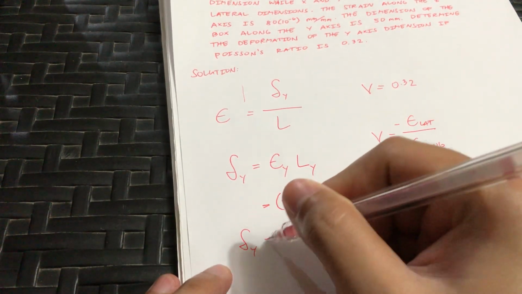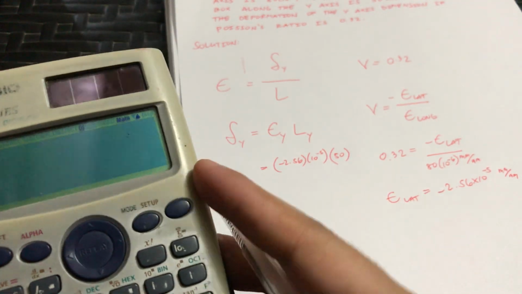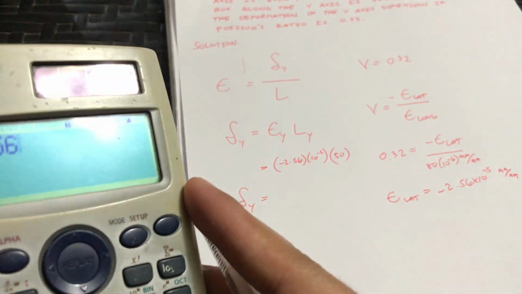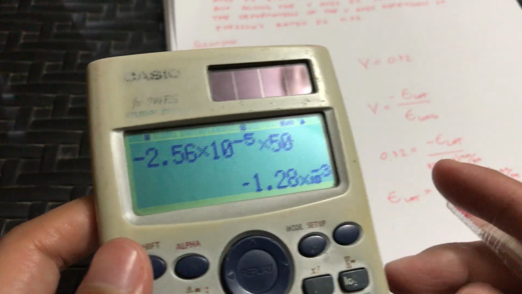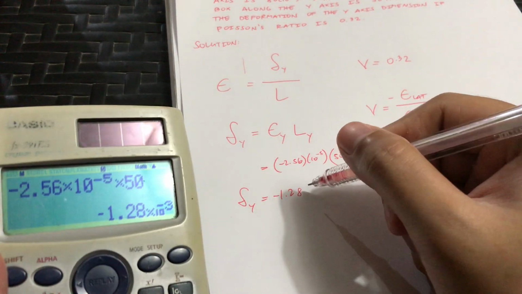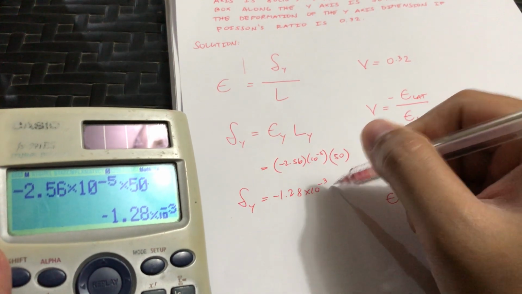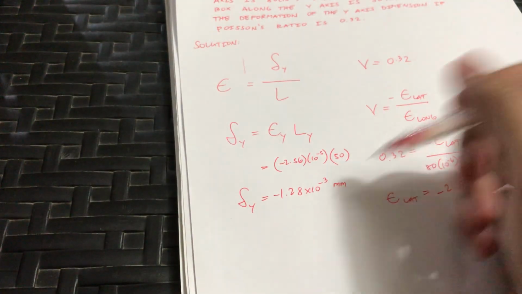So we will have the deformation: negative 2.56 times 10 to the power of negative 5 times 50. So we have negative 1.28 times 10 to the power of negative 3 mm.